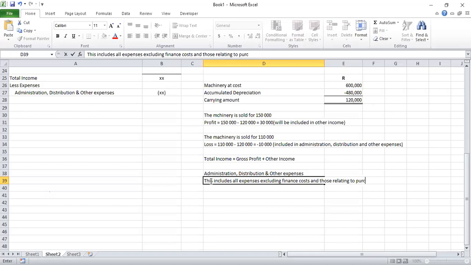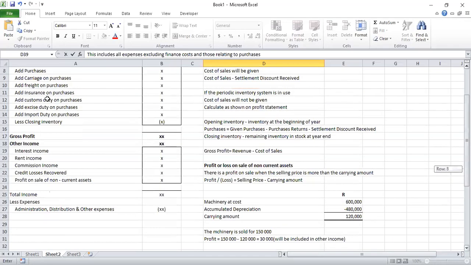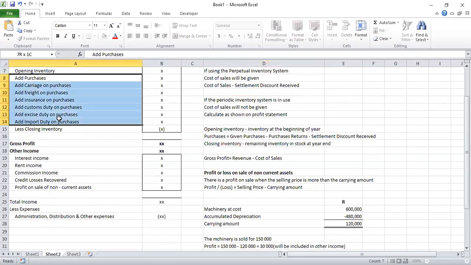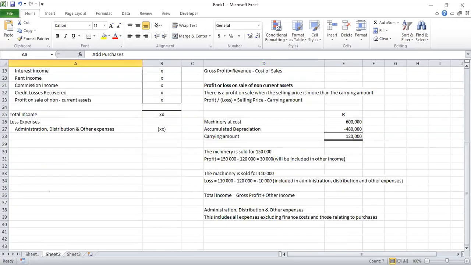Remember that those relating to purchases, we've already included them here, so they will not be in this category. And we also don't include finance costs. Finance cost refers to interest expenses. Under this, we include the following.